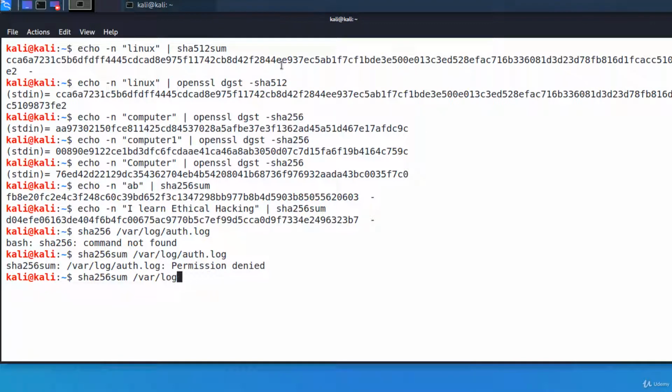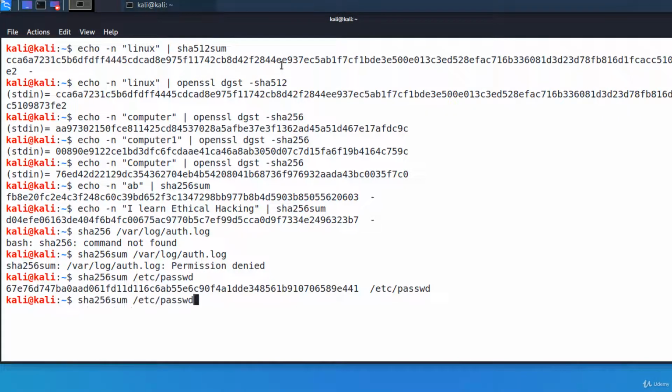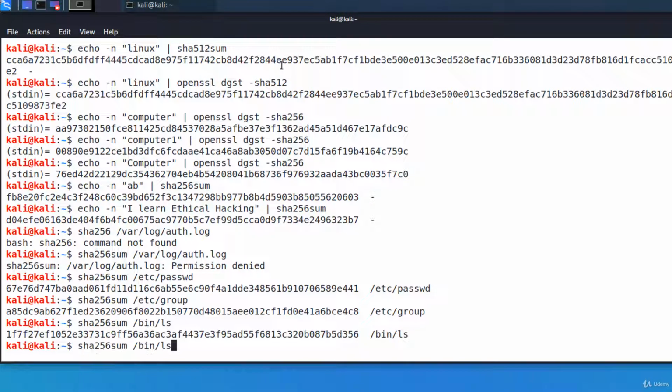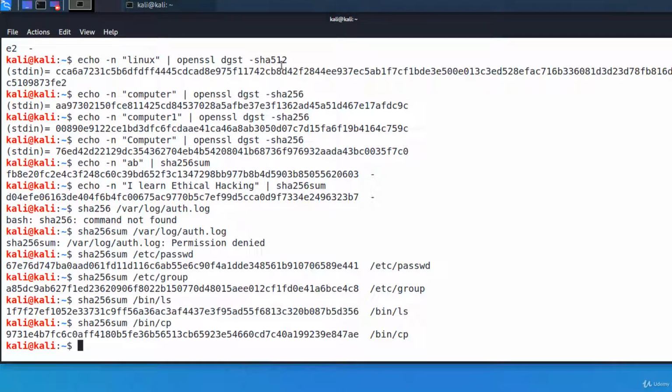Okay, let's choose another file. /etc/passwd. Or /etc/group. Or /bin/ls. And so on. We see the hash is the same length. If I had a file of 1 gigabyte, its hash would be of the same length.